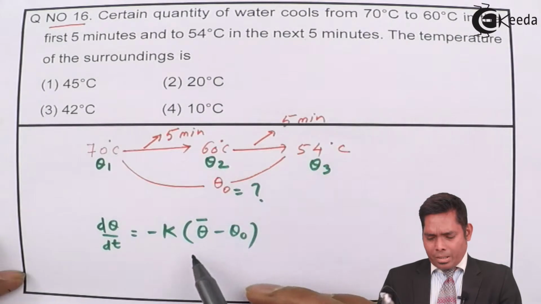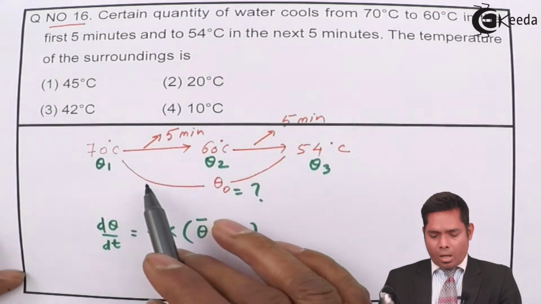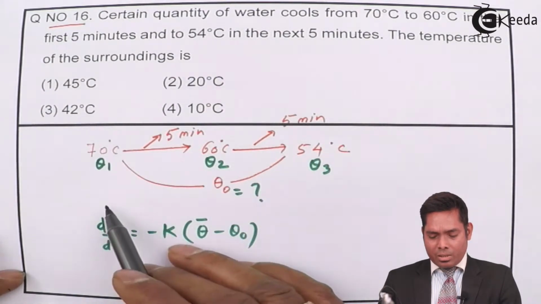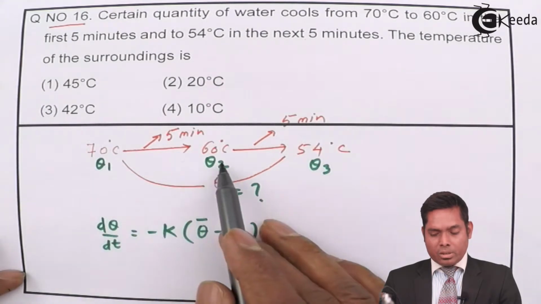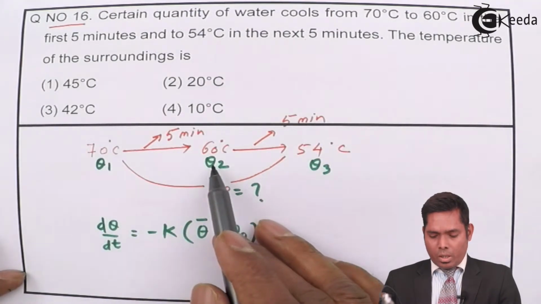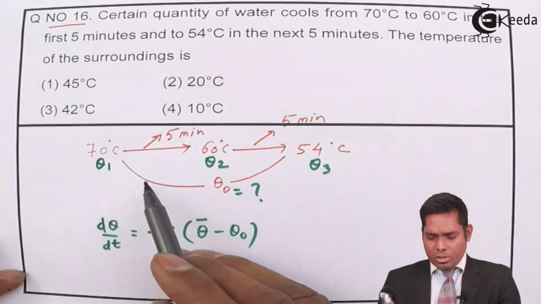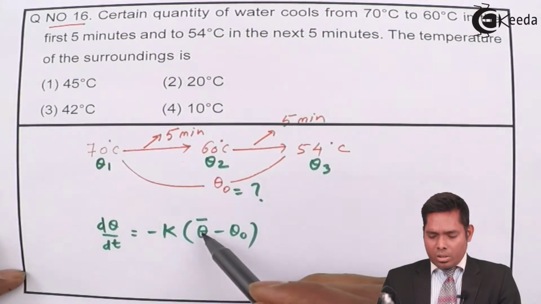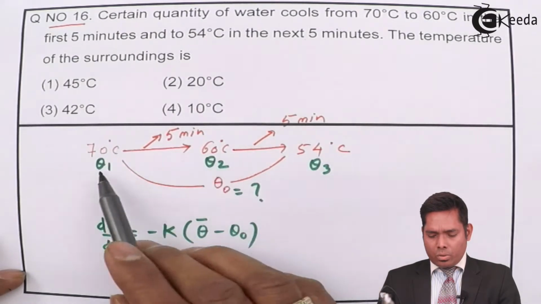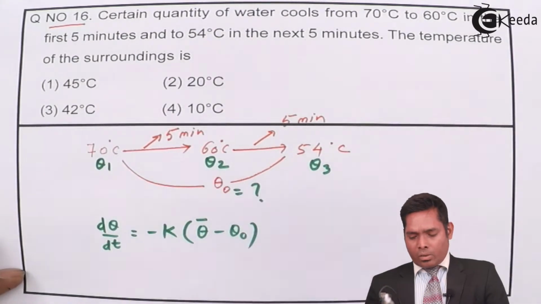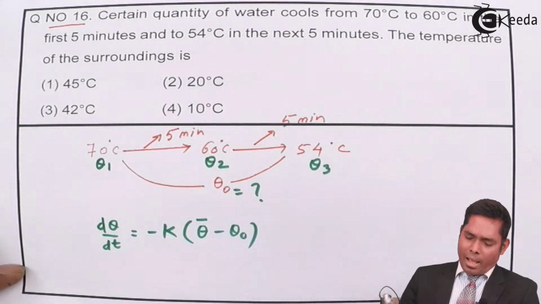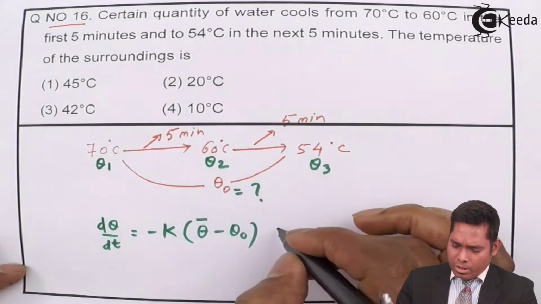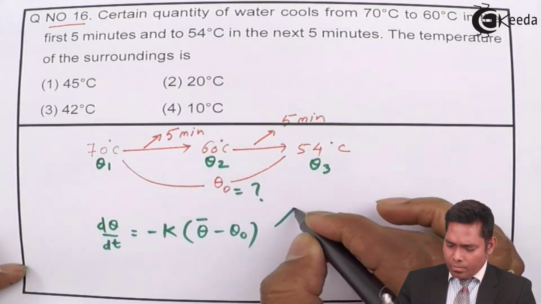To make it practicable to this situation, I will write d theta as basically the difference of temperature, which is theta 1 minus theta 2. dt is the time for this change, which is 5 minutes. This is the average of the two, and theta naught is there. So I'll write the equations here.